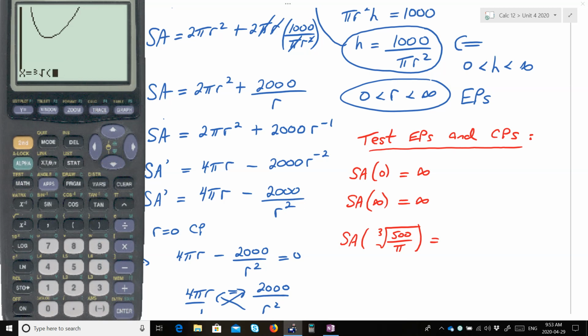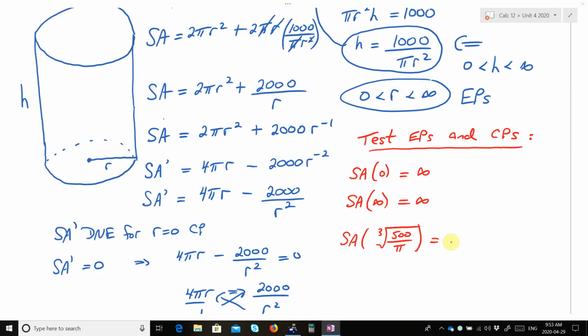Oh, I can. The cube root of 500 divided by pi. So that looks like the minimum surface area, 553.6, let's say.